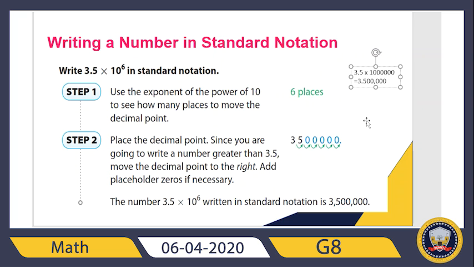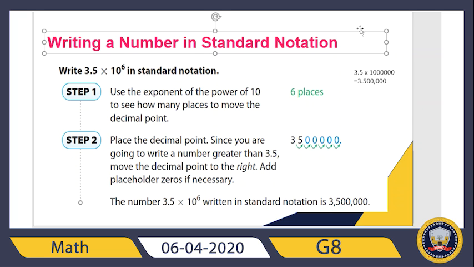Again, here he's asking me about the standard notation. What does standard notation mean? I want to make this number not compressed. He's giving me the number compressed, small, but he wants me to enlarge it. How? With zeros. What does 3.5 times 10 to the power 6 mean? 10 multiplied by itself 6 times, so 6 zeros.